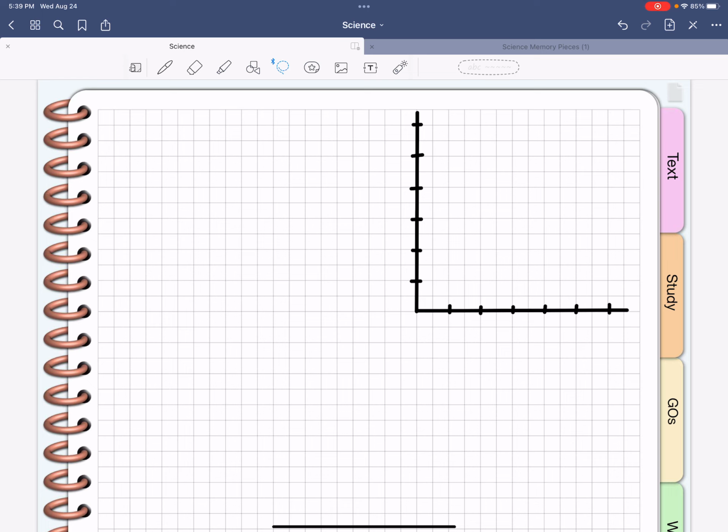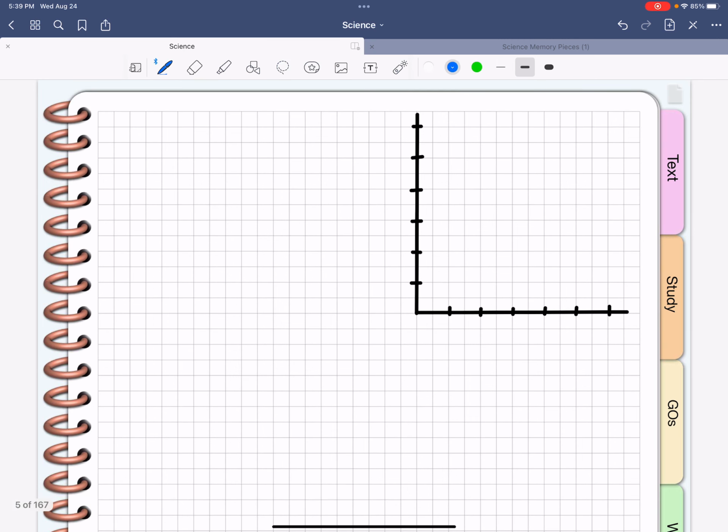Let X represent total driving time and Y total distance. Now, I'm assuming they want us to graph the change in speed. So I'm going to go ahead and find the scale ratio to start with.